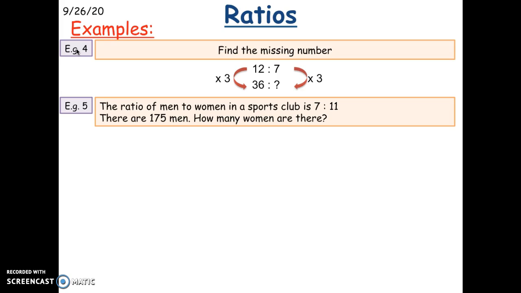Where did we get 3 from? 12 goes into 36 3 times. That's where we got the 3 from. Pause the video, complete example number 5. Here we go with our solution. Multiply by 25.